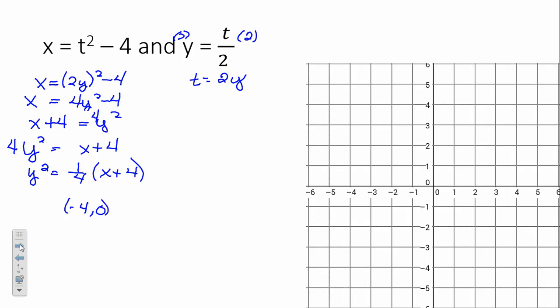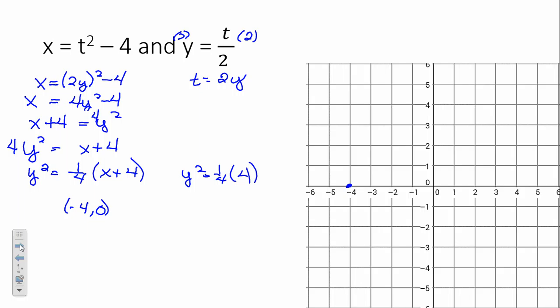4p is 1/4, so 1/16 is going to be bad, so we're just going to put our point here. Okay? And then if you wanted to find two other points, when x was 0, what's y going to be? What's 1/4 times 4? 1.